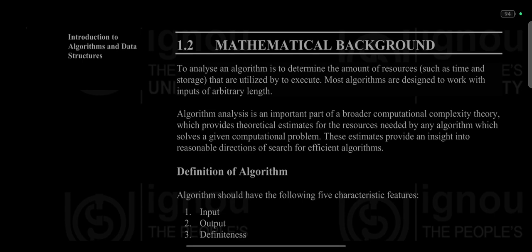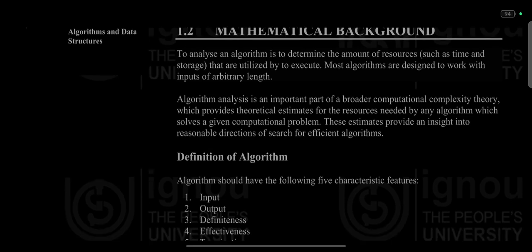Algorithm analysis is an important part of a broader computational complexity theory, which provides theoretical estimates for the resources needed by any algorithm which solves a given computational problem. These estimates provide an insight into reasonable directions of search for efficient algorithms.